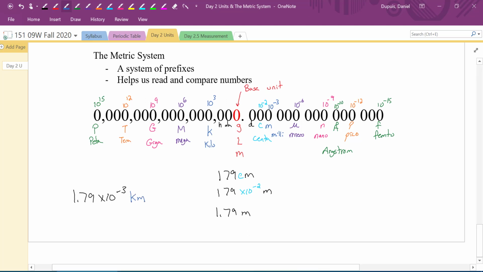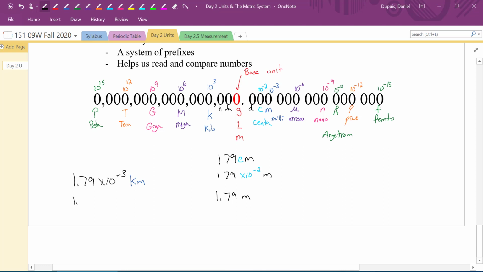Why would I do that? I have no idea, but you could, right? Because it's the same thing as 1.79 times 10 to the negative 3rd. Kilo means times 10 to the 3rd meters, right? And they cancel out, right? We wouldn't probably do that, right?